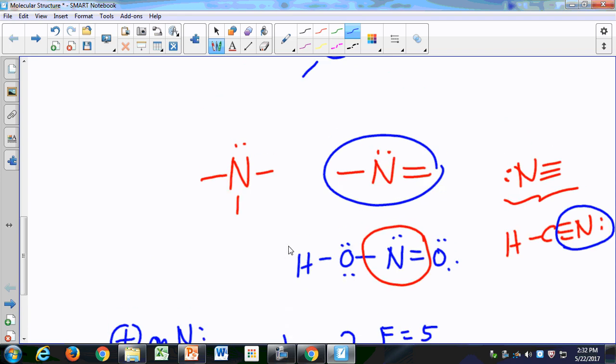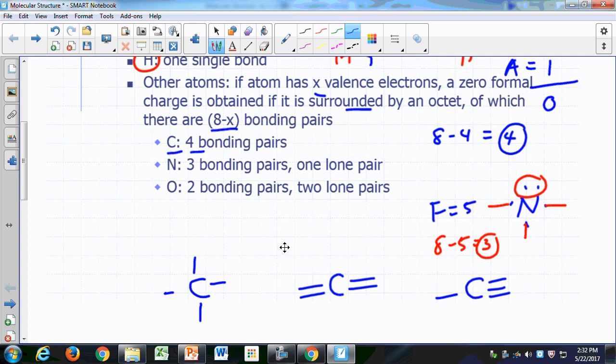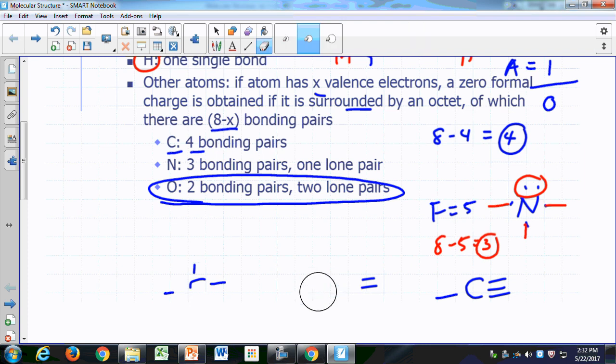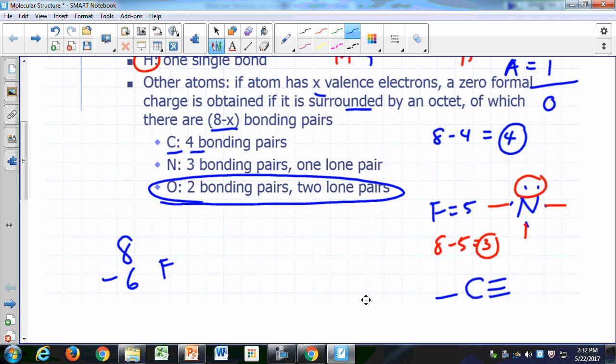All right. What about oxygen? You can get a zero formal charge if it has two bonding pairs and two lone pairs, because 8 minus 6, where 6 is the number of valence electrons a free oxygen atom has by itself, would be 2, so that means two bonding pairs.